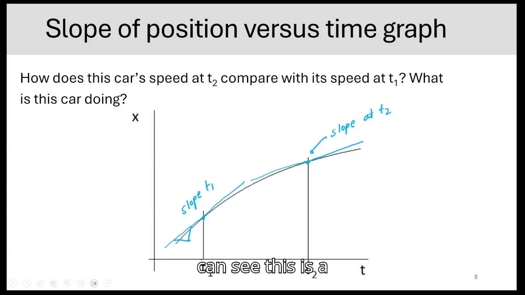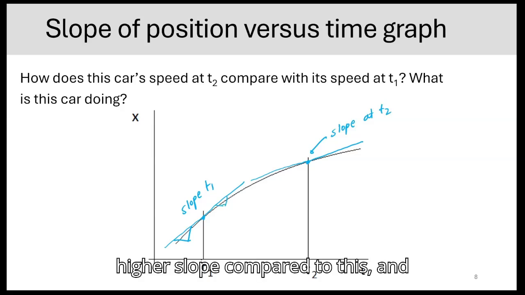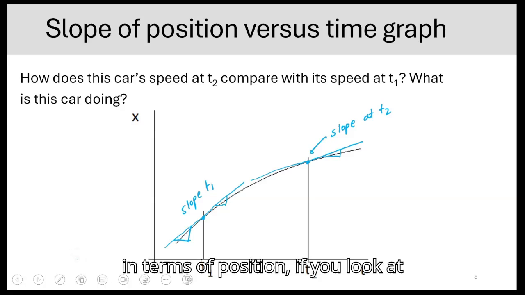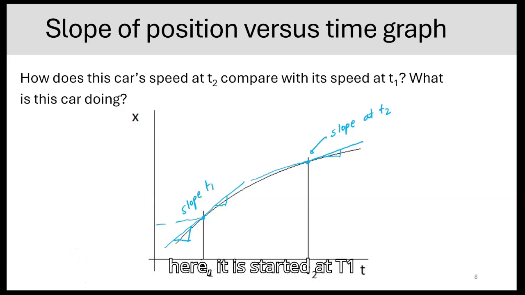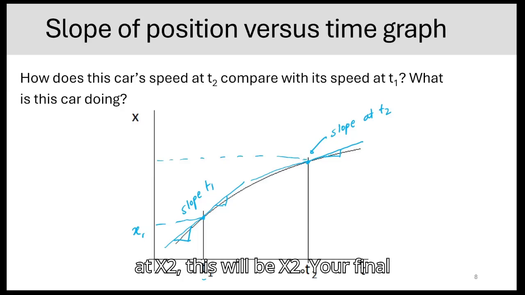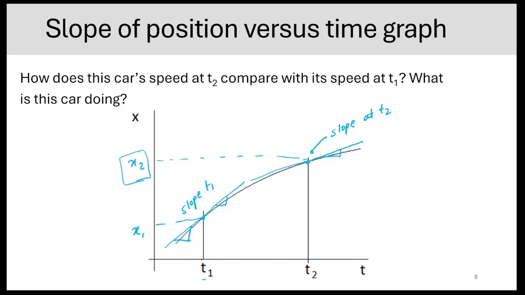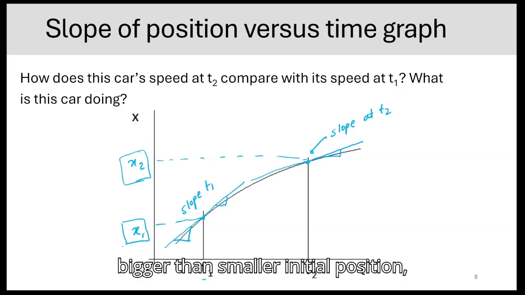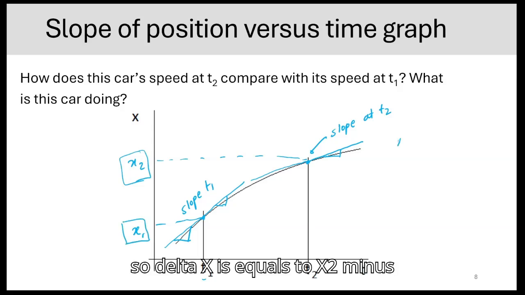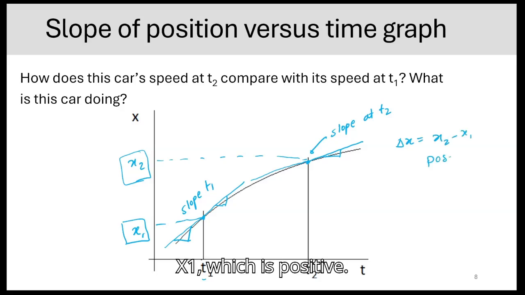We can see this is a higher slope compared to this, and in terms of position, it started at t1, so this should be x1, and at t2 this should be x2. Your final position is bigger than the initial position, so delta x equals x2 minus x1, which is positive.